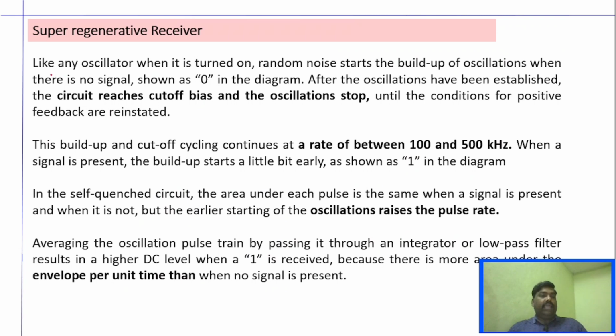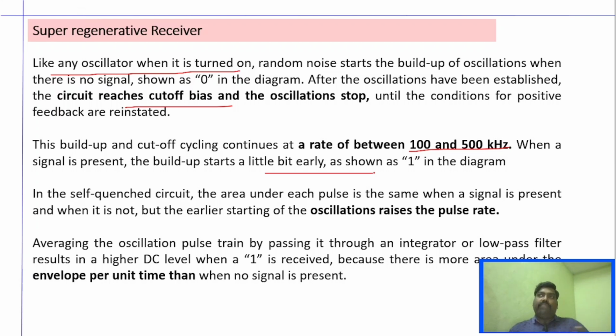You can see here, like any oscillator which is turned on, initially it will start, and then whenever it reaches bias cutoff, the oscillation will stop. This building up and cutting off of oscillation can happen at the rate of 100 to 500 kilohertz.